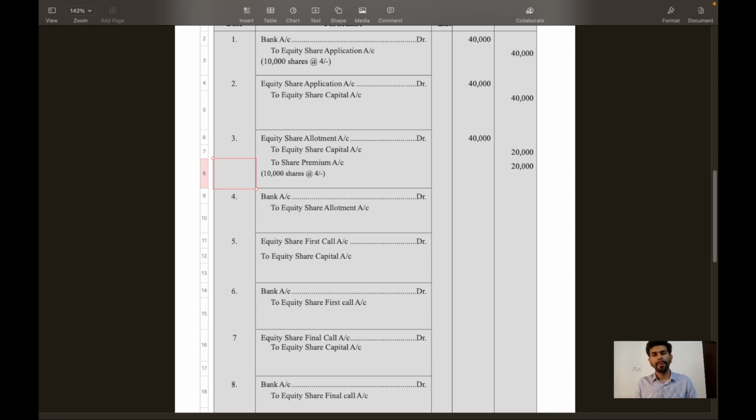Narration: being allotment money due with security premium of 2 rupees per share. And next journal entry will be on receipt of allotment money, amount 40,000 rupees on the debit side, 40,000 rupees on credit side. Narration will be being allotment money on 10,000 equity shares received along with 2 rupees equity share premium.